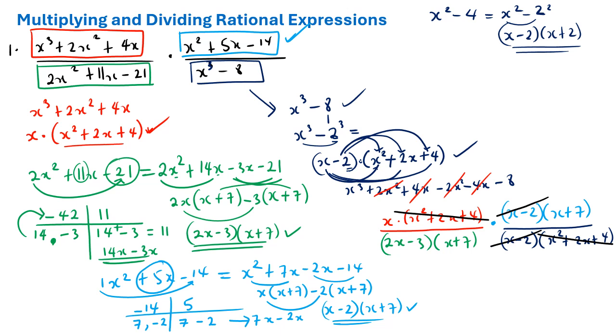Again, if I keep looking, I see x plus 7 and x plus 7. So all I have left will be x, gotta be careful. So x divided by 2x minus 3, and this will be your final result.